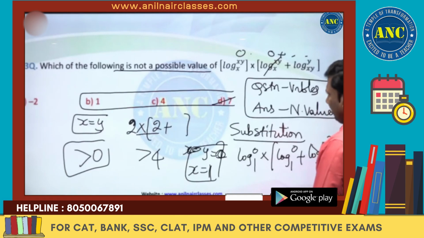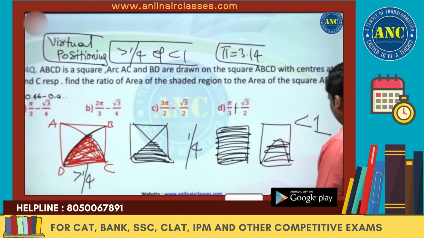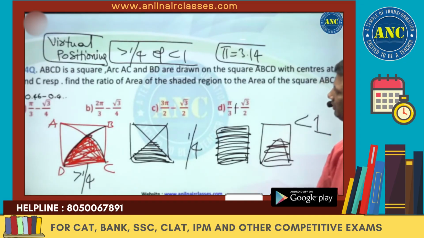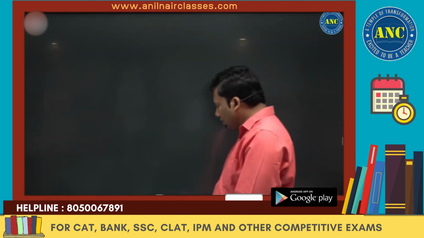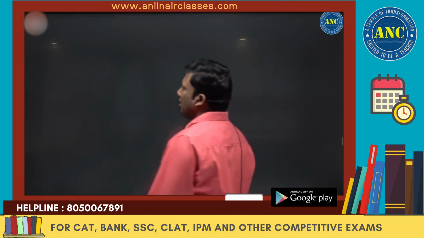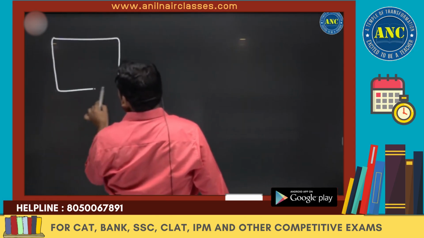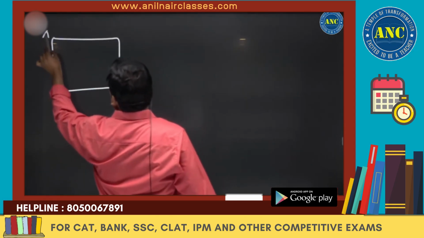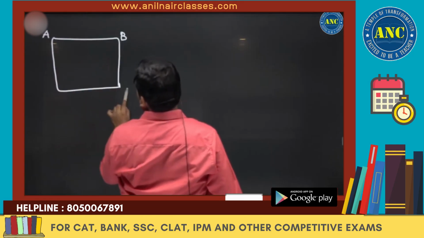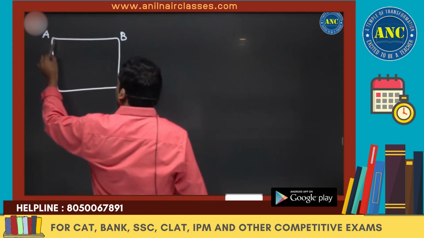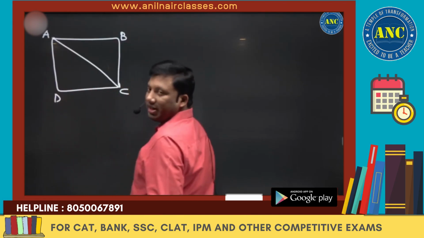12th question we already did yesterday. 13th also we did. 14th also we did. ABCD is a square. With this virtual positioning concept, a lot of good questions can be developed. Suppose ABCD is a square. AC is a diagonal.